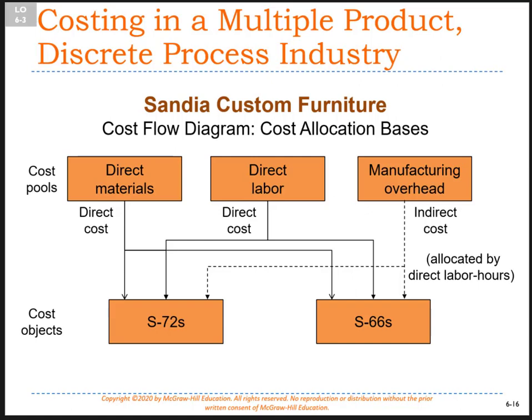So we come up with an allocation. In this case, we're looking at the possibility of allocating that manufacturing overhead based on the direct labor hours. So we look at what direct labor hours S72 used, and we look at the direct labor hours that S66 used, and we allocate accordingly.